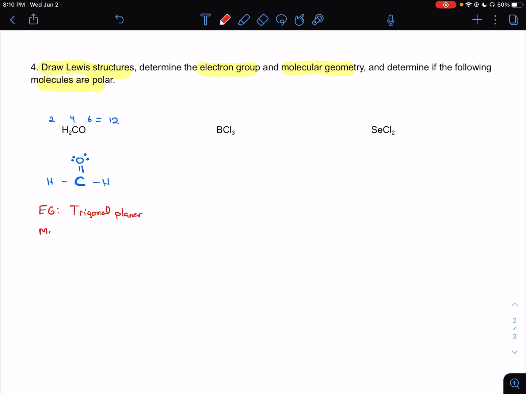And the molecular geometry is going to be the same since we have no lone pairs. In terms of polarity, the oxygen-carbon bond is polar. The carbon-hydrogen bonds are nonpolar. And so overall, we are going to be polar, and it's going to be polar in this direction. So we can call this a polar molecule.